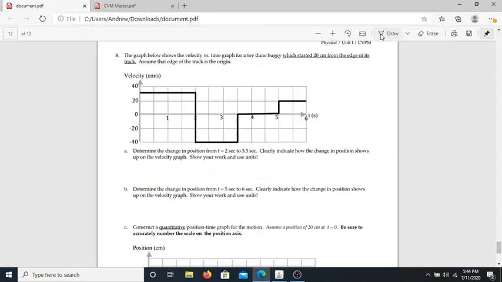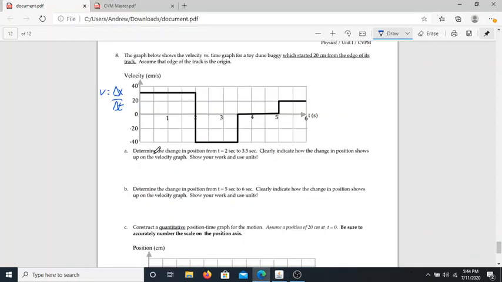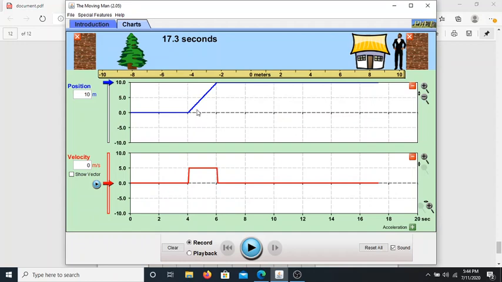If we use some formulas that we've talked about, we know that the velocity of an object is just equal to the change in position over the change in time. From this little drawing, we know the change in position is positive 10 meters. And we know this took 2 seconds. You can see from 4 to 6 seconds, so the total change in time is 2 seconds.